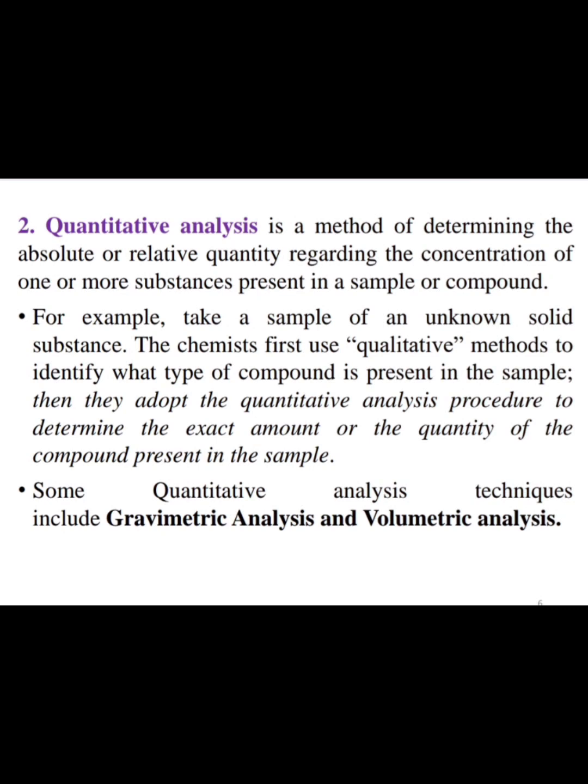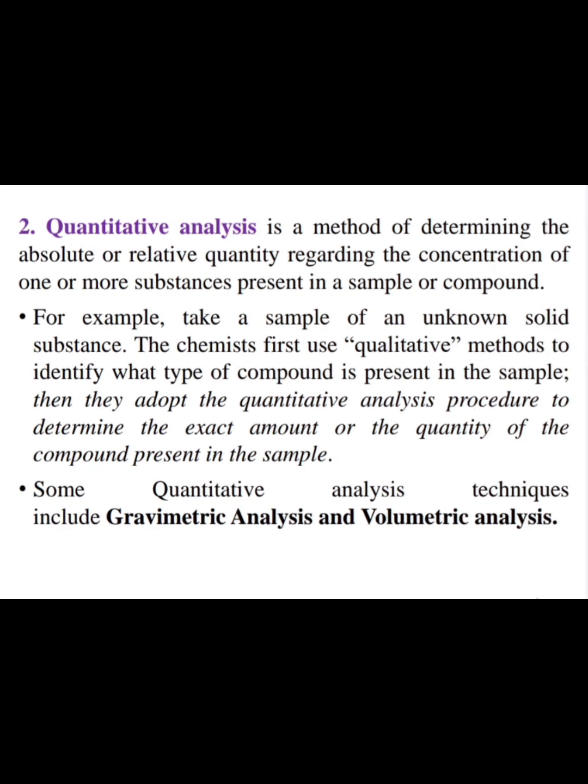Take a sample of an unknown solid substance. The chemist first uses qualitative methods to identify what type of compound is present in the sample. They then adopt the quantitative analysis procedure to determine the exact amount or quantity of a compound present in the sample.